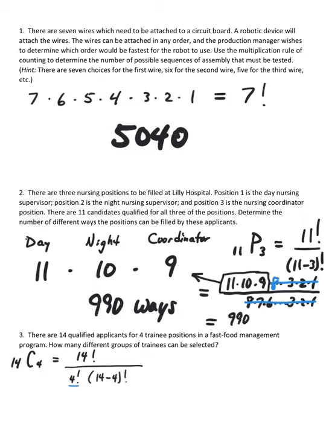Okay, 14 factorial, that's consecutive integers multiplied from 14 down all the way to 1, over 4 factorial times 10 factorial, and that's from the difference between 14 and 4.